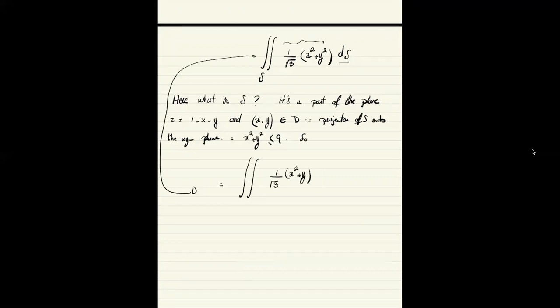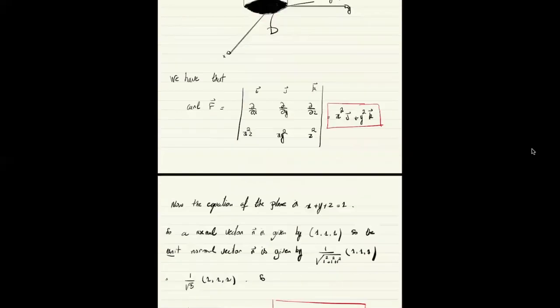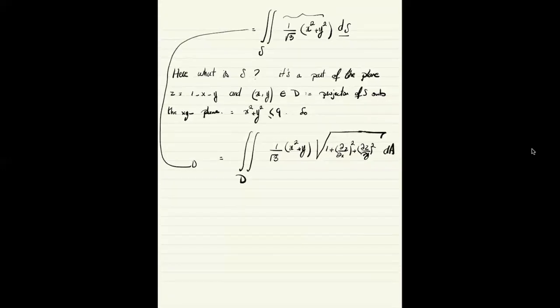What is dS? dS is square root of 1 plus dz/dx squared plus dz/dy squared dA, and now we integrate dA over D. Here again come the notations: dA is when we are on a flat region, and dS is when we are in 3D.